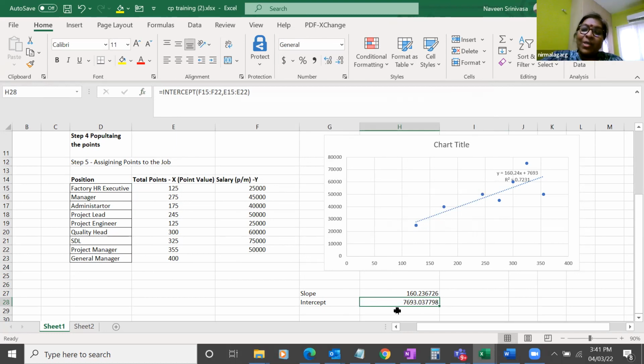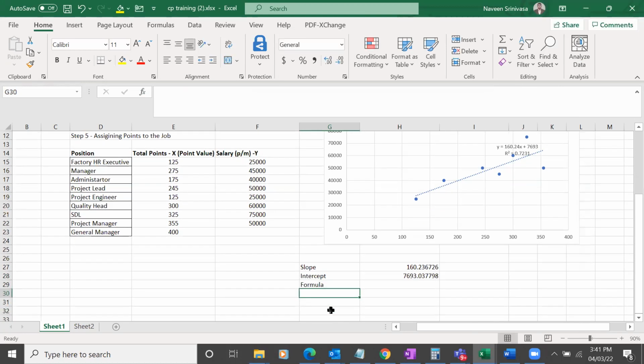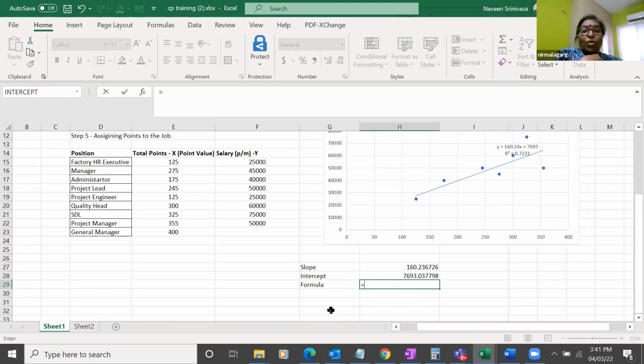Now that line which you can see is called your pay line, meaning that is what you are paying for every position. There is a formula for that straight line: Y is the pay line salary. Y is equal to point value multiplied by slope plus intercept.